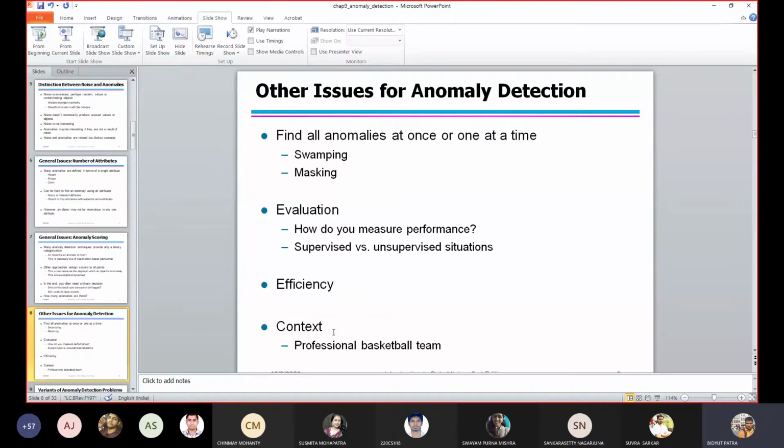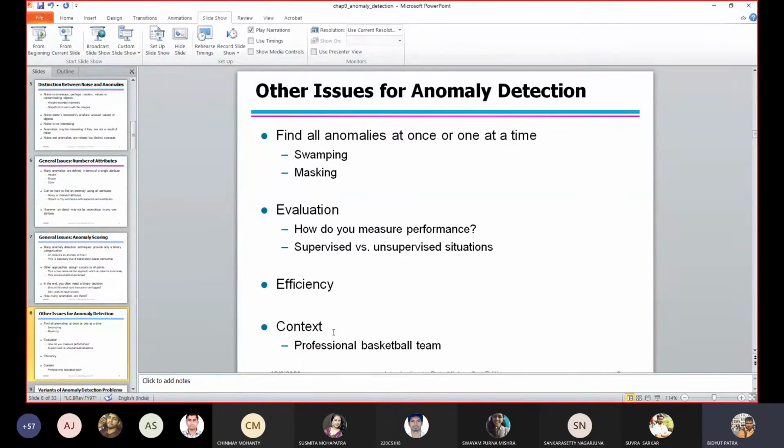So how do you evaluate an anomaly detection technique? That is another challenge here, but obviously we use precision and recall, which we can also call detection rate and so on.